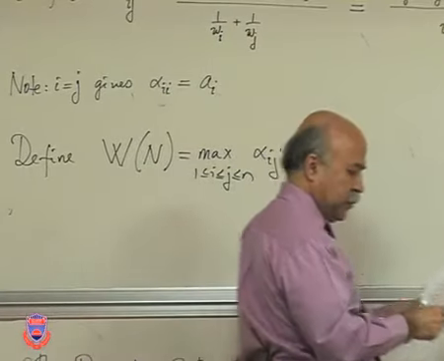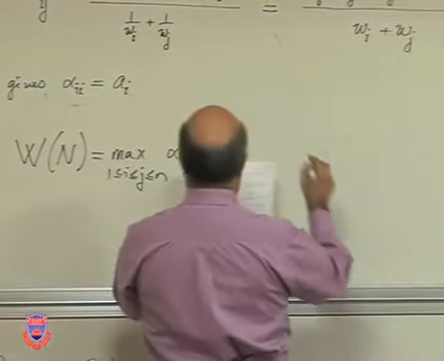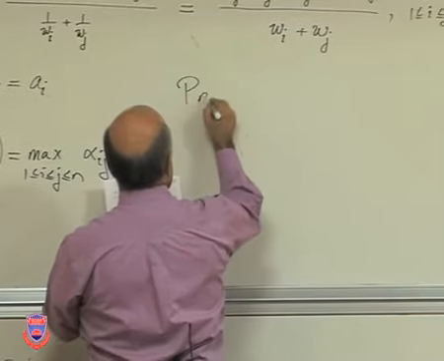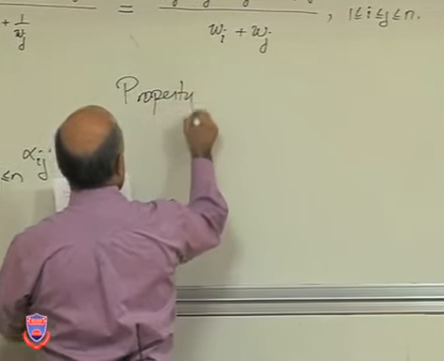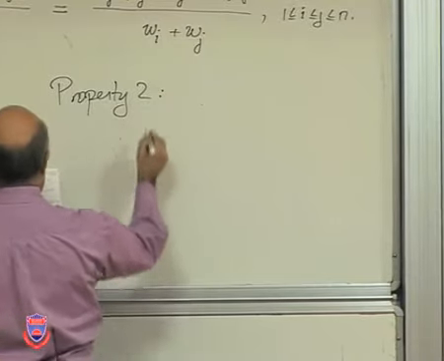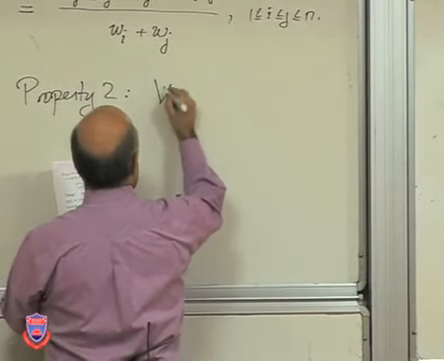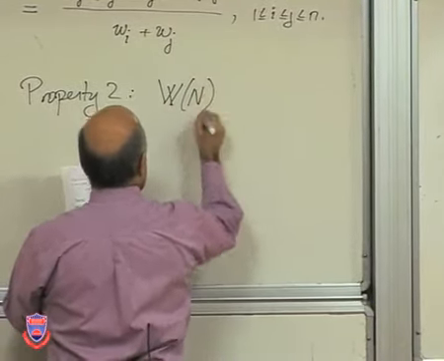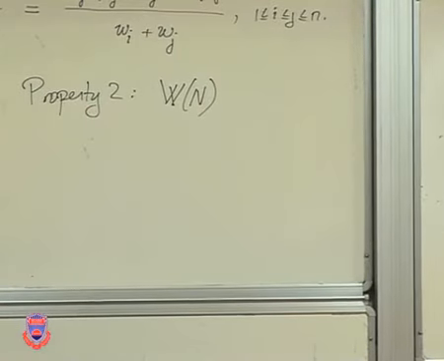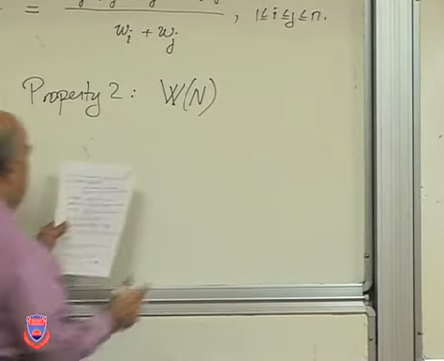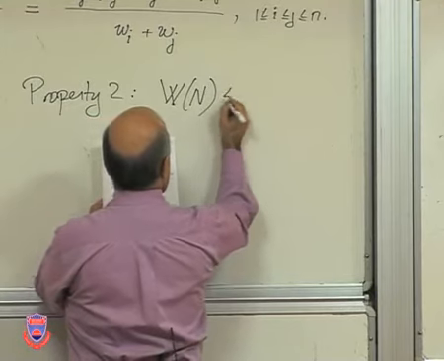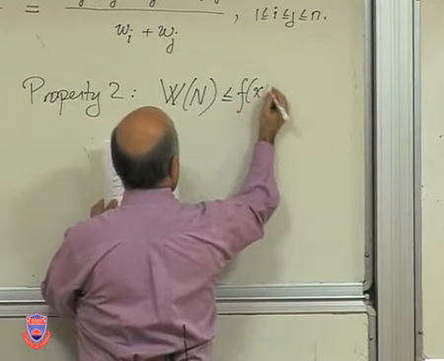And here's the next property, which you might want to work at home to prove. Property 2: W of N, called the diameter of the network, is a lower bound on the function f.